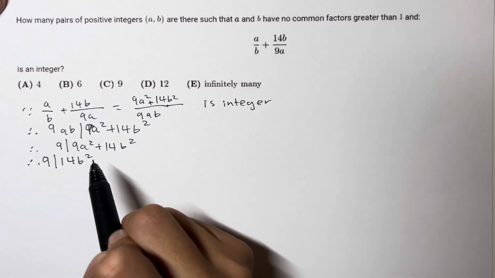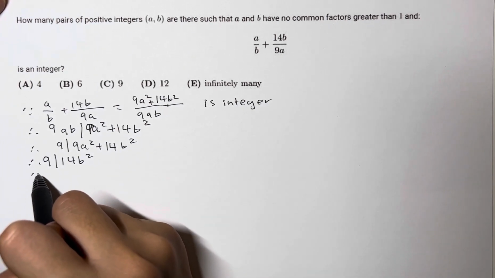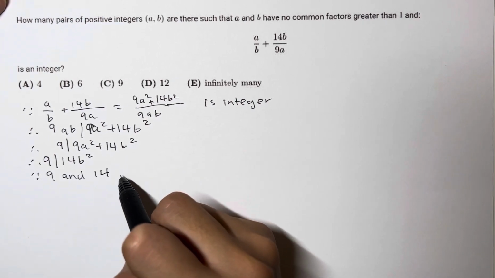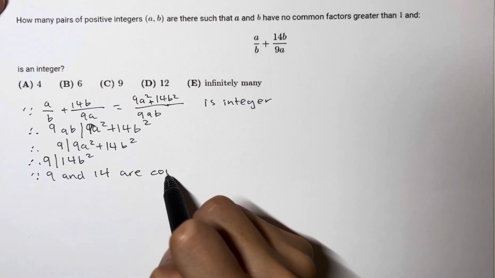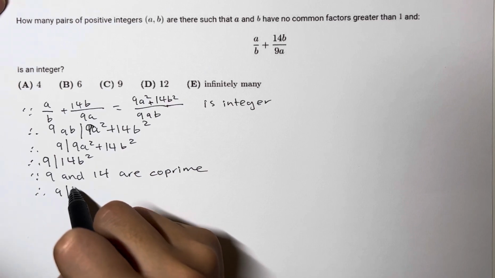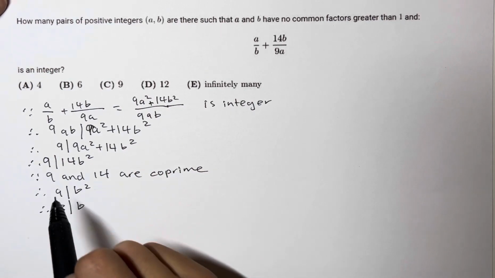And now, since 9 and 14 are co-prime, this leaves us that b squared is going to be a multiple of 9. So 9 is a factor of b squared, so 3 is a factor of b.